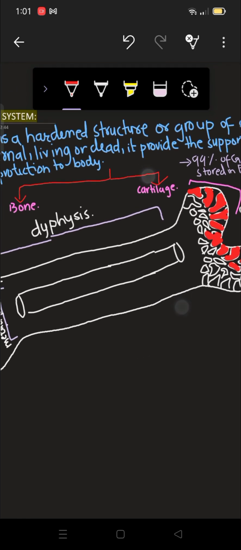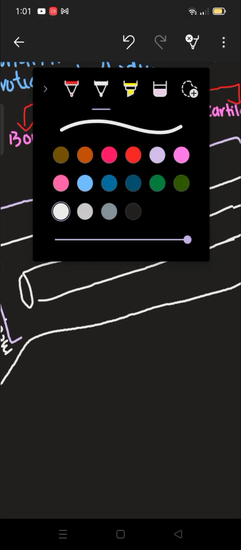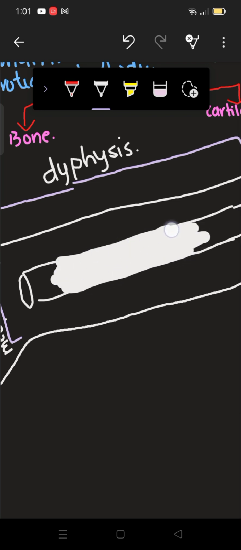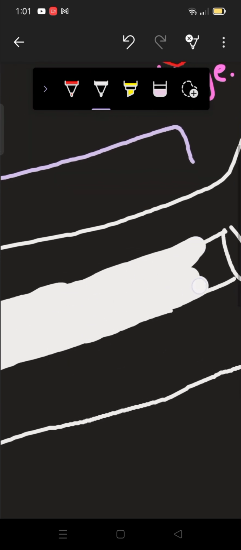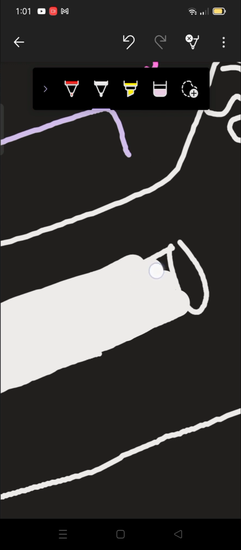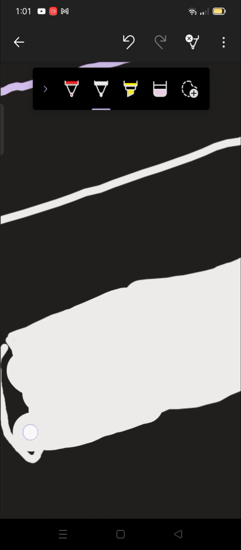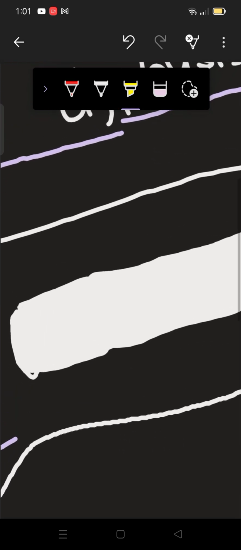So the central part, as you can see here, is yellow bone marrow. Let me color this first. I'm going to make it yellow. Now let me make it yellow.